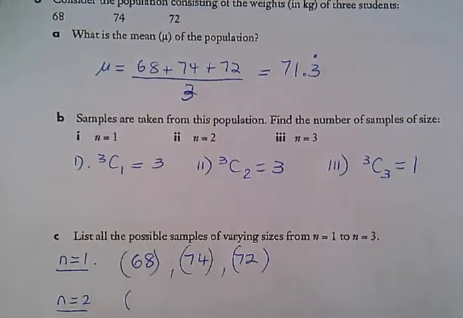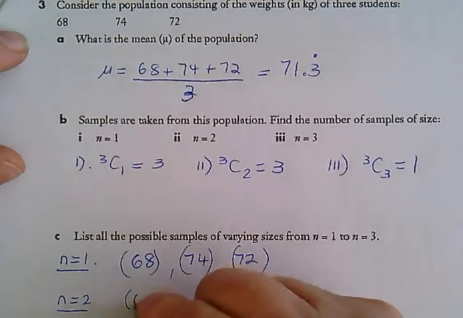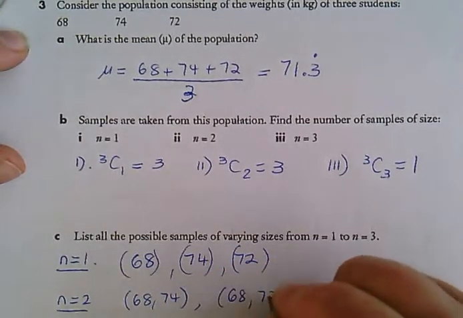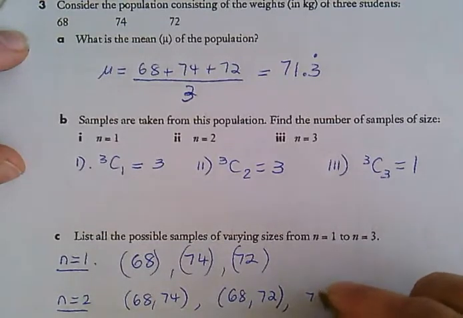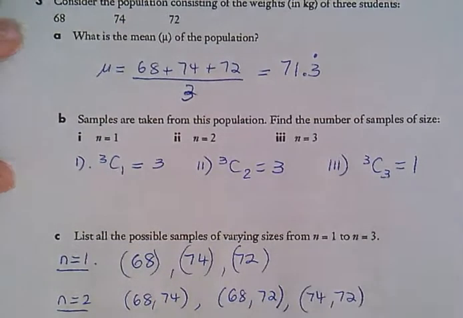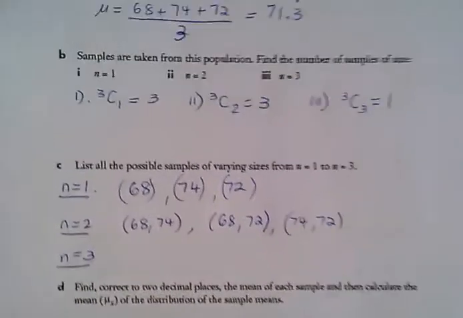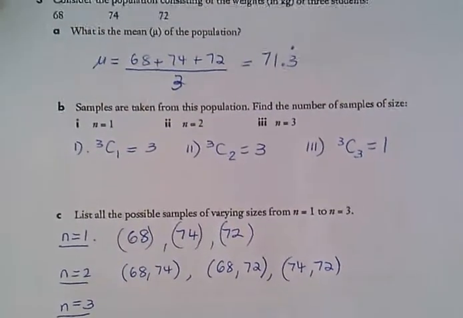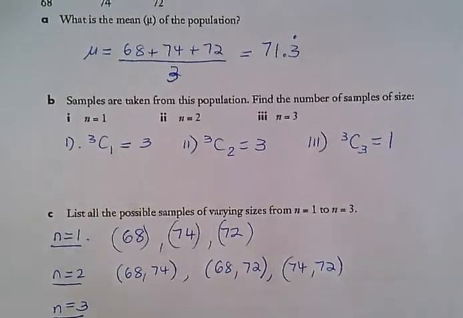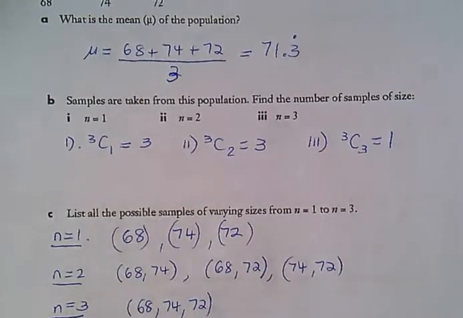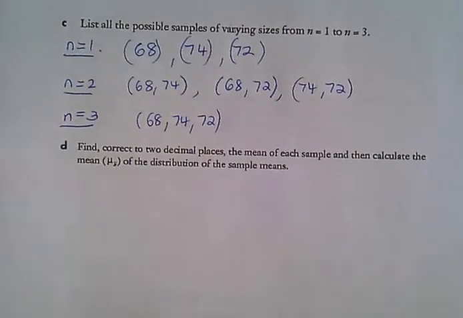I need groups of 2. 68 with 74, 68 with 72, and 74 and 72. And I need the possible samples of size 3. It's just all of them. So 68, 74, 72. Our sample sizes of 1, 2, and 3.